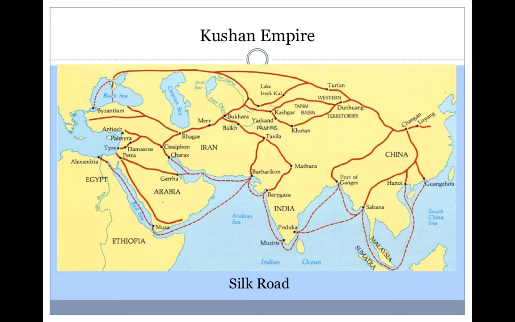And for the Kushan Empire, we're going to say used the Silk Road, which is down at the bottom of your screen, used the Silk Road to increase trade throughout Asia, comma, the Middle East, comma, and the Roman Empire. And made India rich.